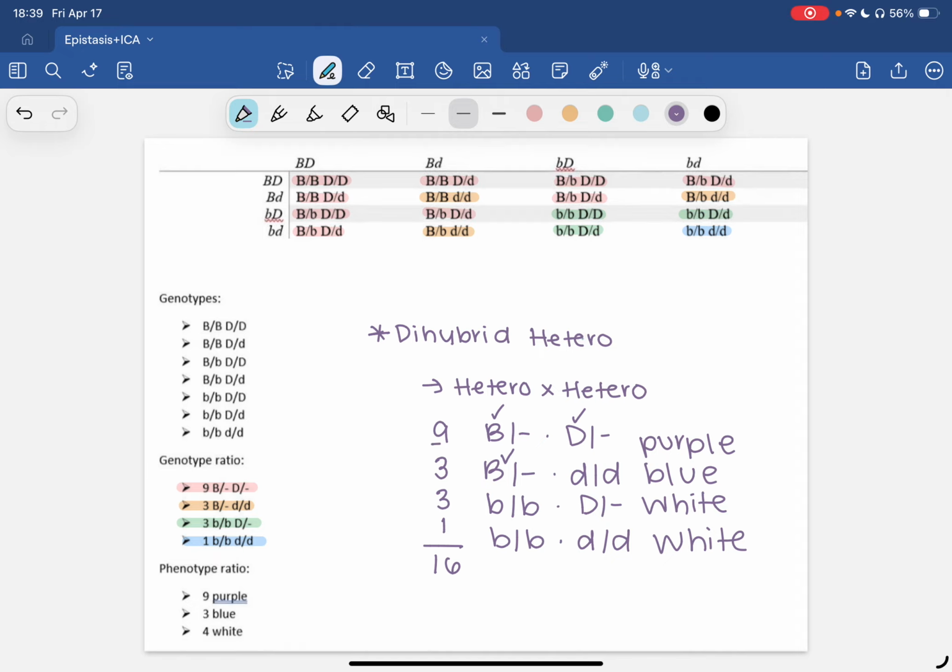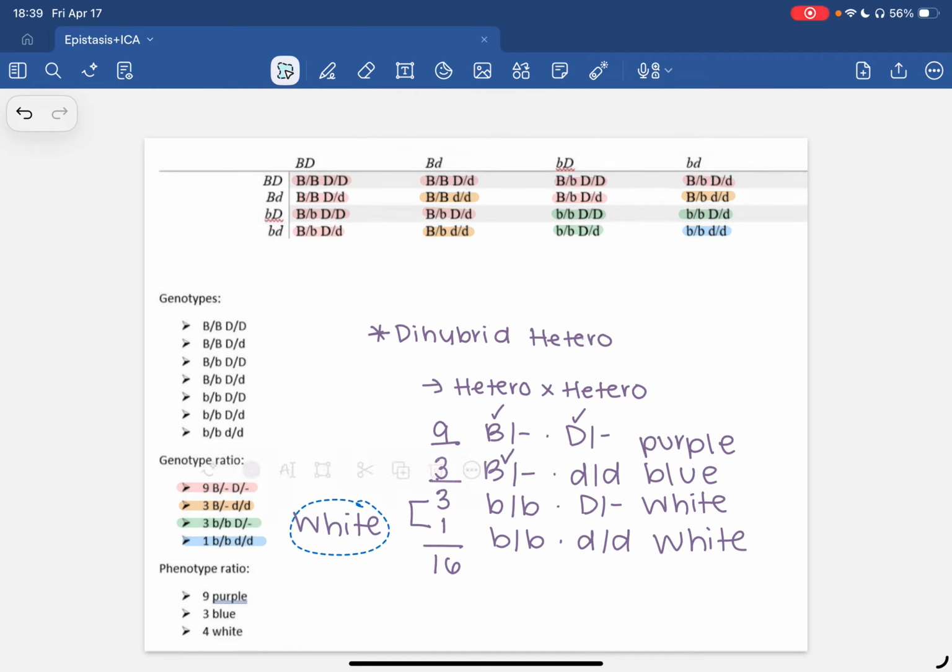So again, 9 purple, 3 that are blue, but these 4 right here would be your white. Because if you don't have a functional B enzyme gene, you can't keep going further into the pathway.